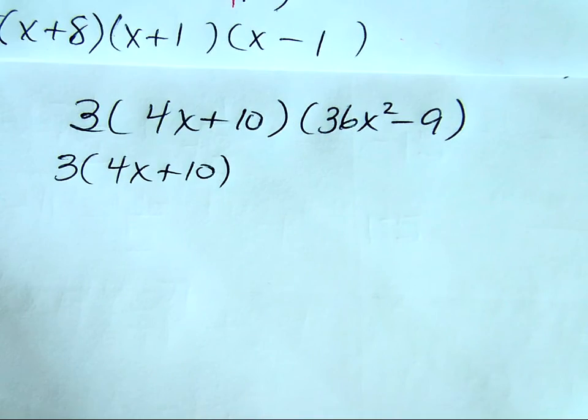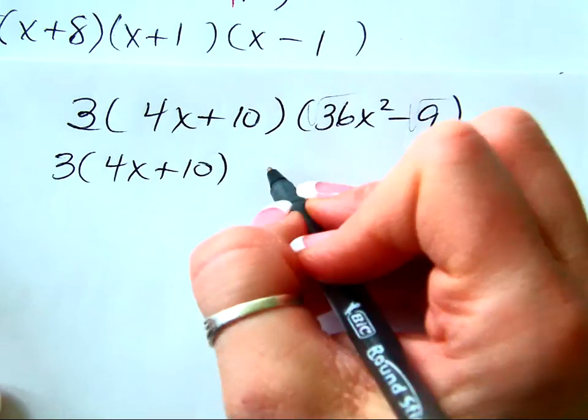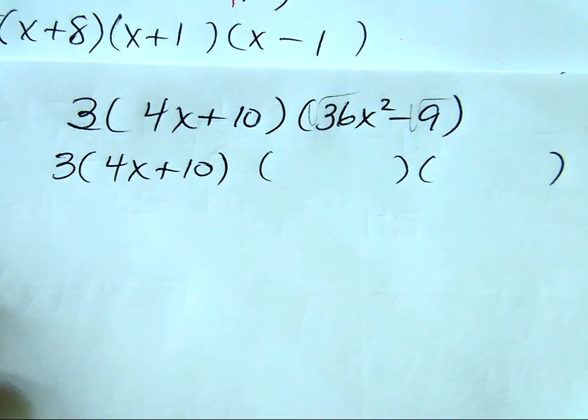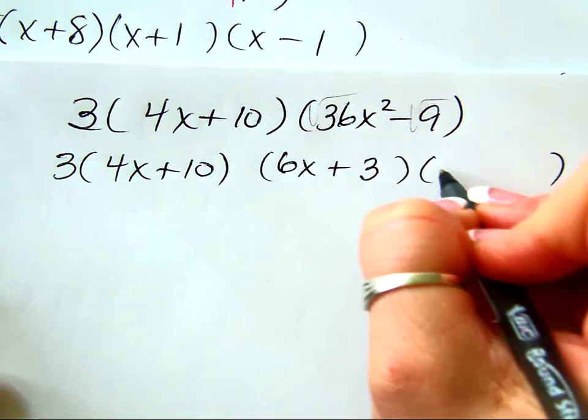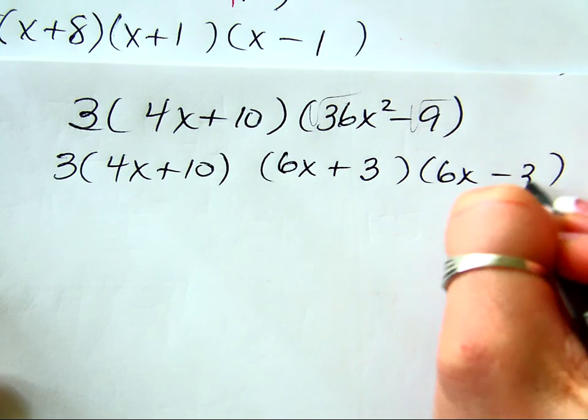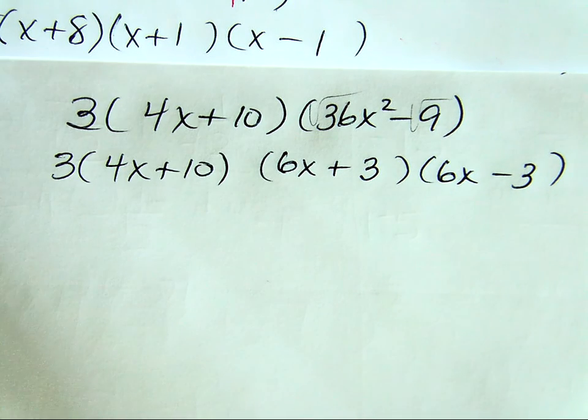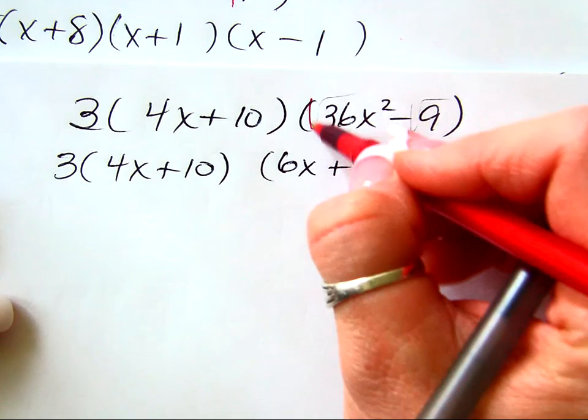But how did I get that? By multiplying a 6x plus 3 and a 6x minus 3. Listen, if they're square numbers, then they were squared, right? And the opposite of squaring something is taking the square root.